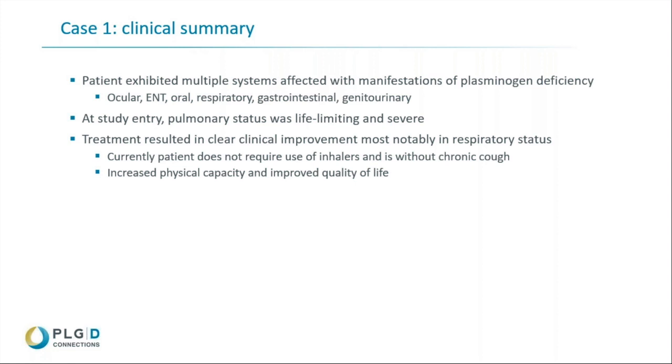Treatment resulted in clear clinical improvement, most notably in the respiratory status. Currently, the patient does not require the use of inhalers and is without chronic cough, with increased physical capacity and significantly improved quality of life.